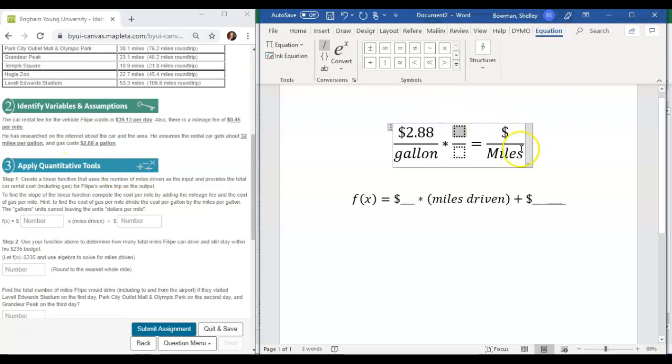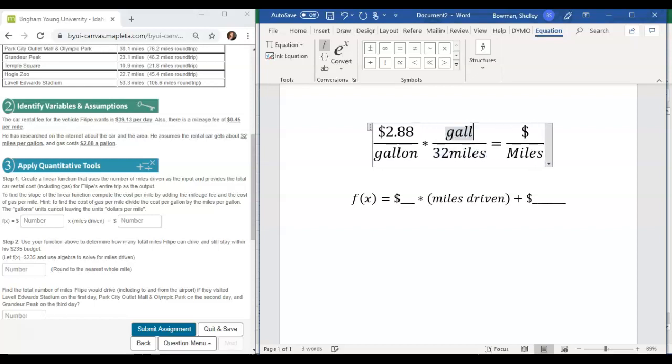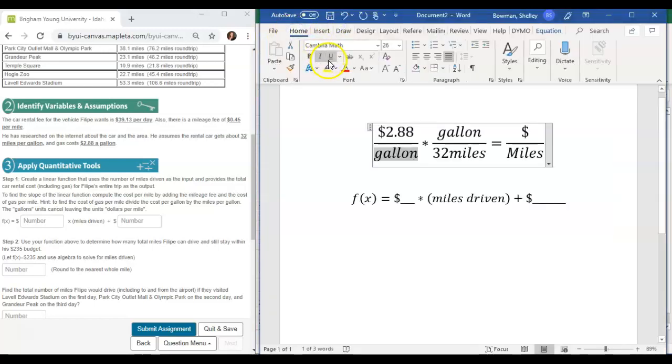Because I want miles on the bottom, since I already set up my roadmap, I'm going to start by putting my 32 miles down here per gallon here, so that the gallons, you'll see I have one on top and one on bottom, and that tells me that these both cancel out, and that leaves me with units of dollars on top and miles on bottom.